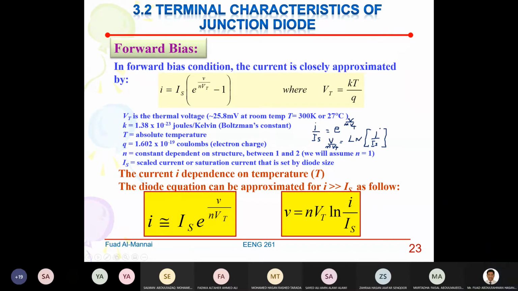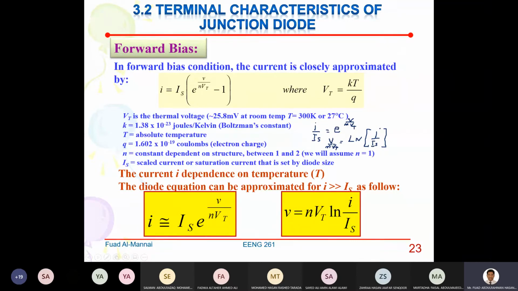Now if I take the natural logarithm on both sides, I will get what? V divided by NVT equals natural logarithm ln of I, which is ID divided by IS.